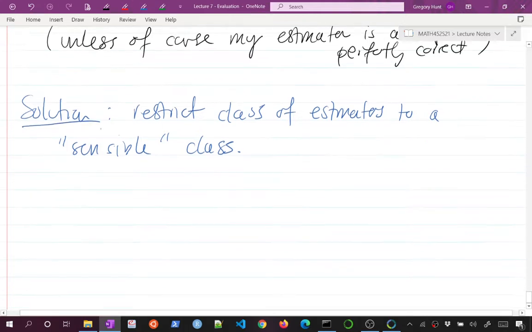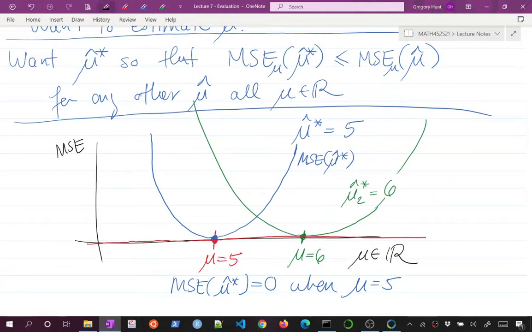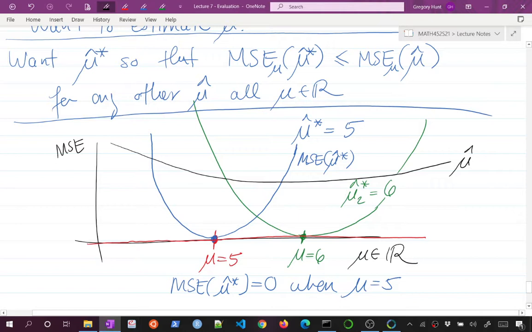The other way of looking at this problem is kind of conversely. If you were to give me some estimator, let's say mu hat, and it had some MSE curve, I could always find an estimator that at some point has a lower MSE, because I could always come up with this dumb estimator. So maybe that's a better way of saying this.